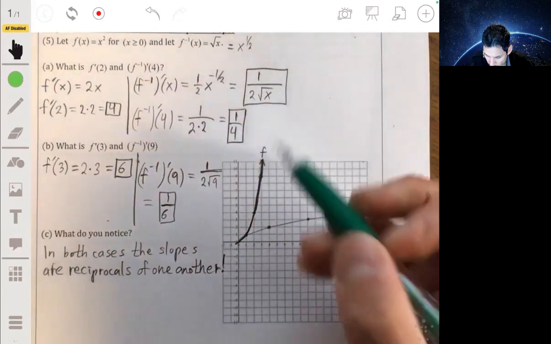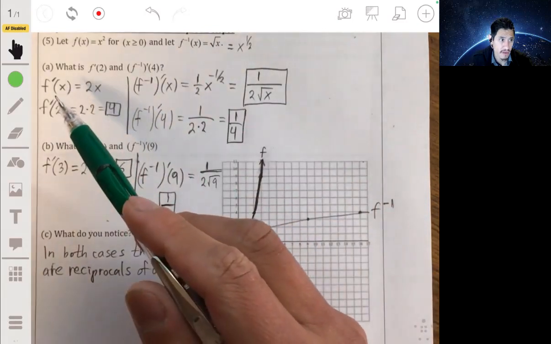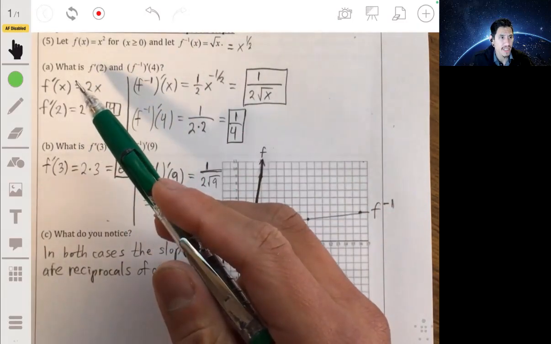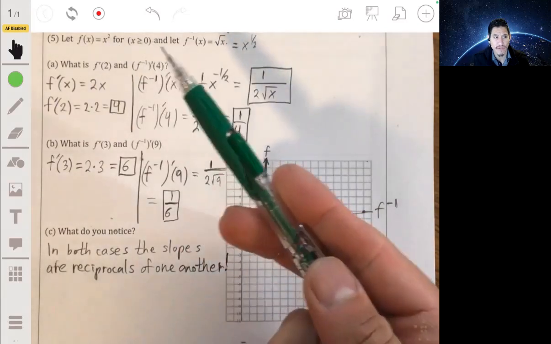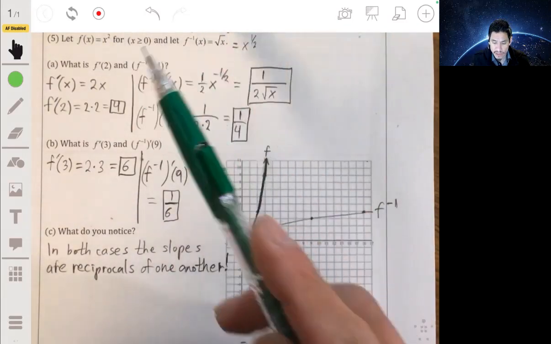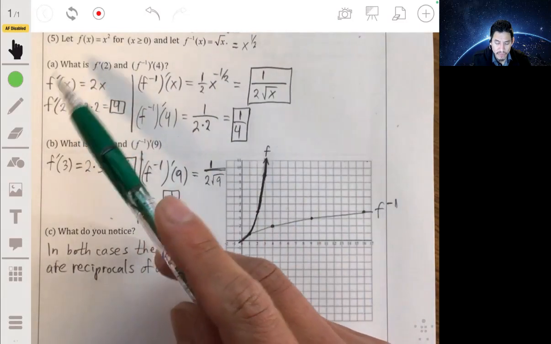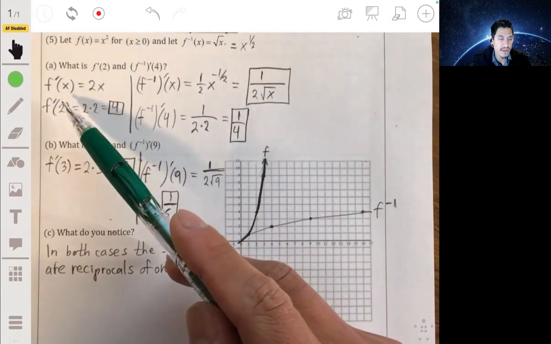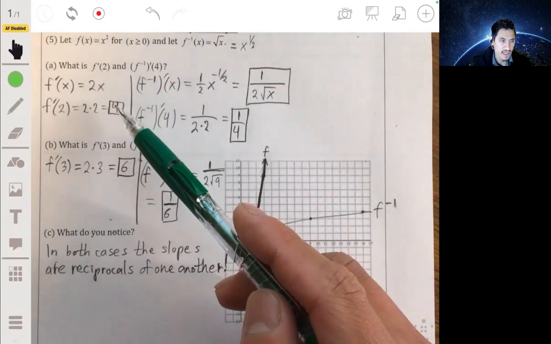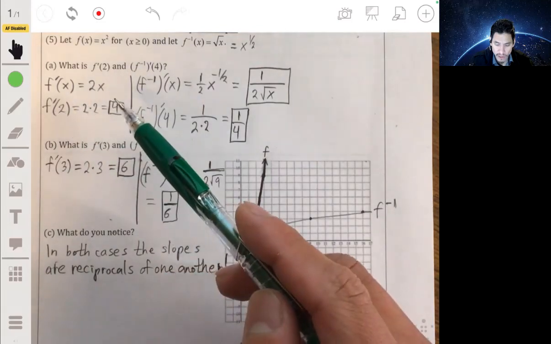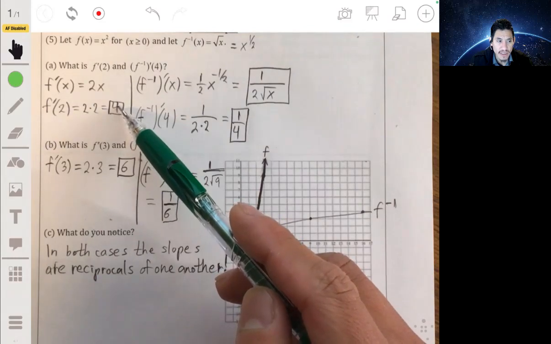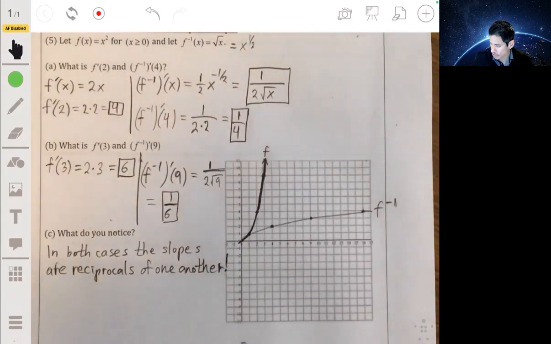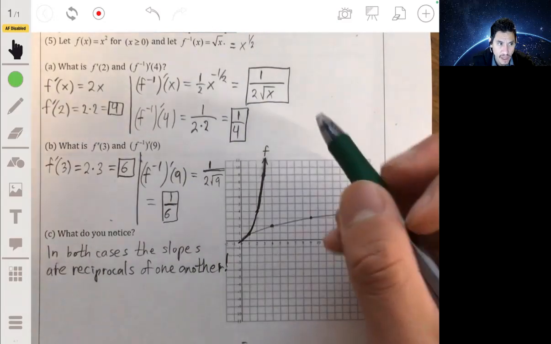Well, remember that the derivative of a function is the slope of the tangent line of that function at specific points. So the derivative of f at 2 is the slope of the tangent line when x is 2. In other words, the slope of the tangent line at this point is 4. So let's draw a sketch of that.